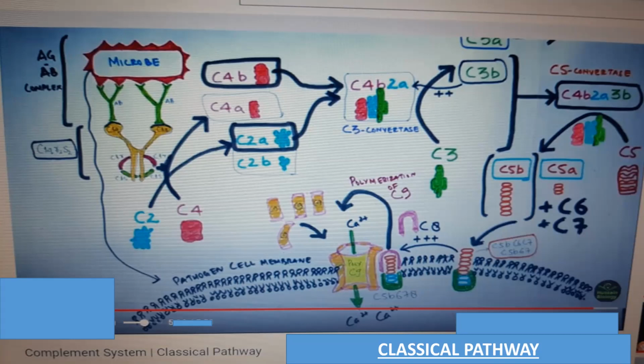When the pore forms in the cell membrane, everything will come out from the cell, and the cell will lyse. So this is the death of the cell, and this way the complement system works and kills the pathogens.